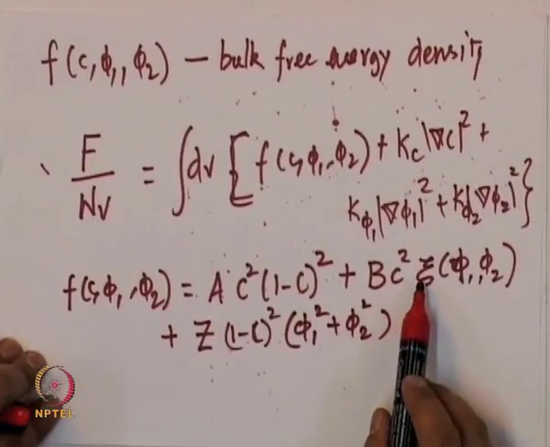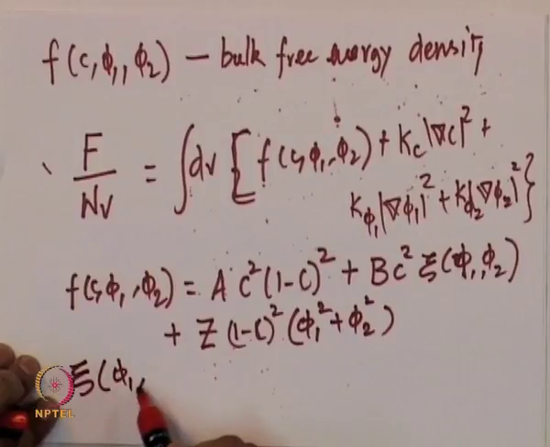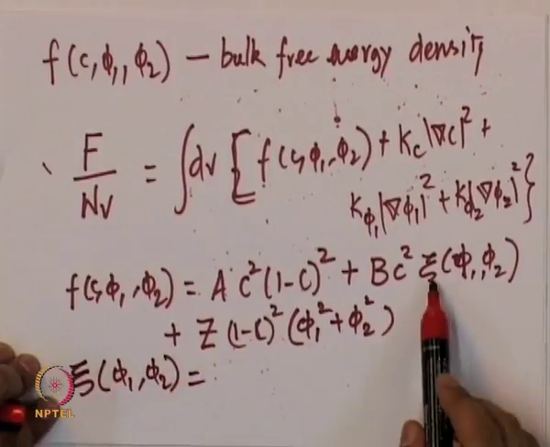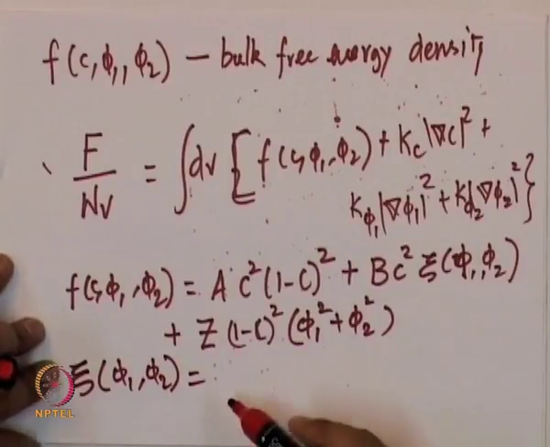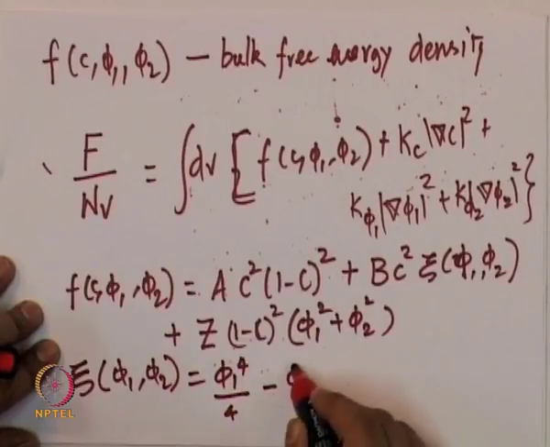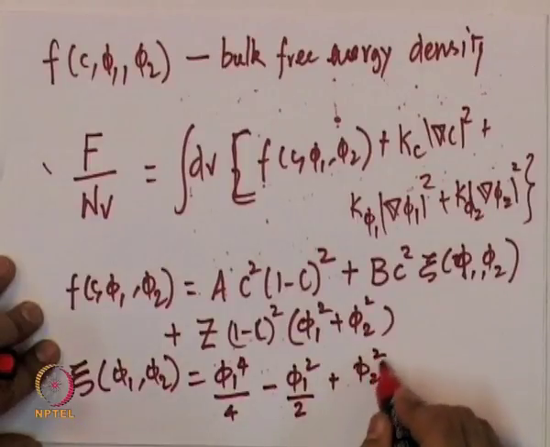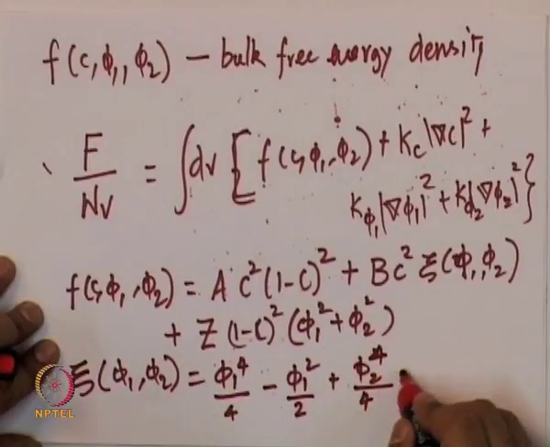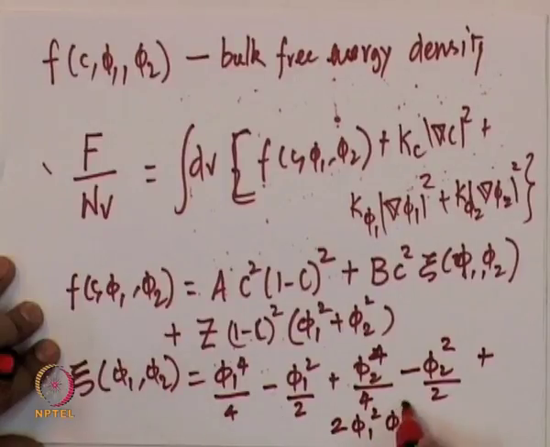Now, the only thing we need to describe is this function of phi 1 comma phi 2. Of course, this will have the required double well potential in terms of phi 1 and phi 2. So, it is phi 1 power 4 by 4 minus phi 1 squared by 2 plus phi 2 power 4 by 4 minus phi 2 squared by 2 plus 2 phi 1 squared phi 2 squared plus 0.25.